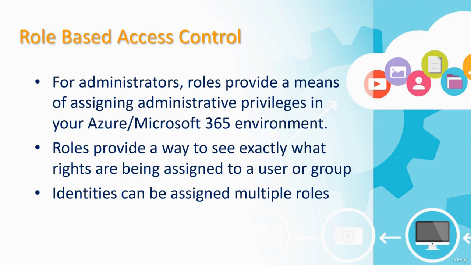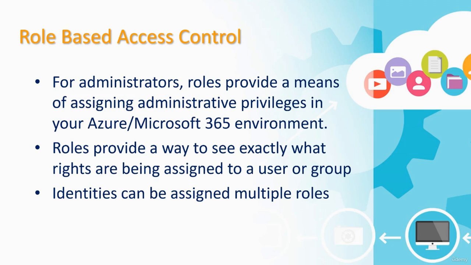In the MS 500 exam, they're going to put a big emphasis on dealing with it from the administrative perspective. So we're going to be focusing on that right now. RBAC is going to allow an administrator to grant other administrators privileges to things in your environment, control over your environment.